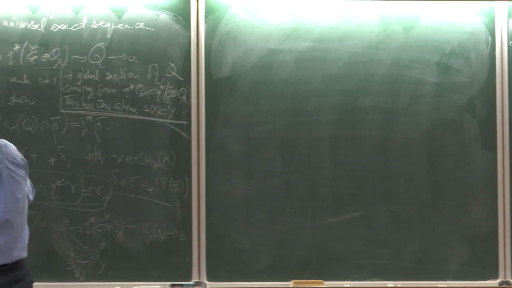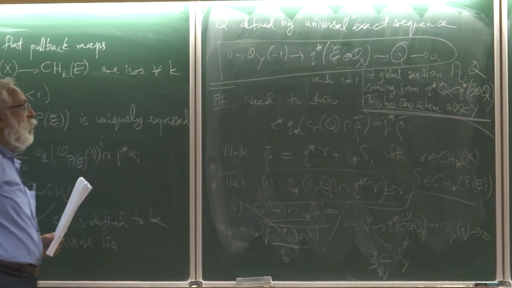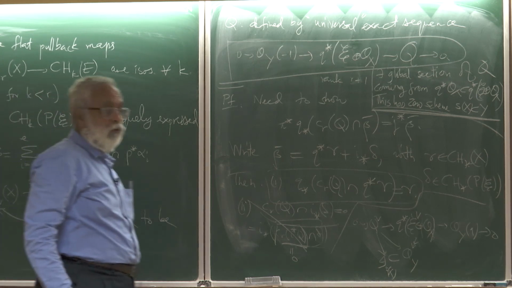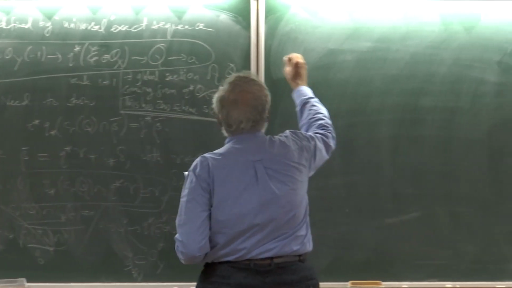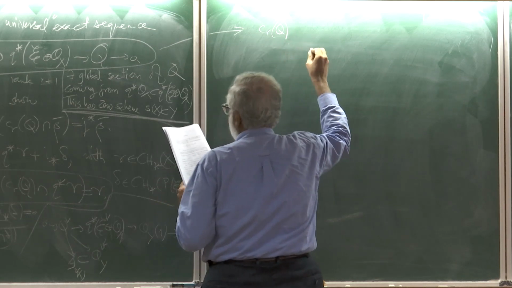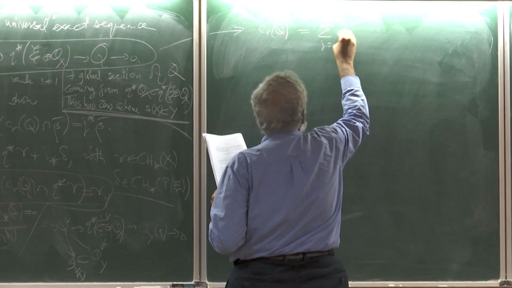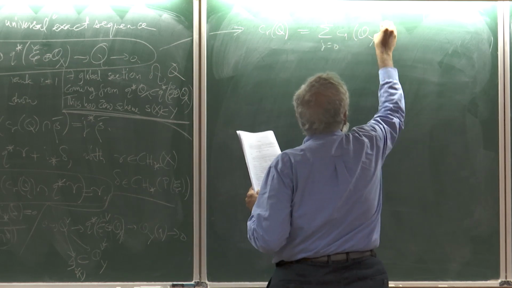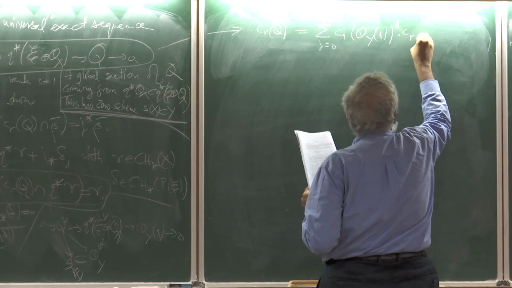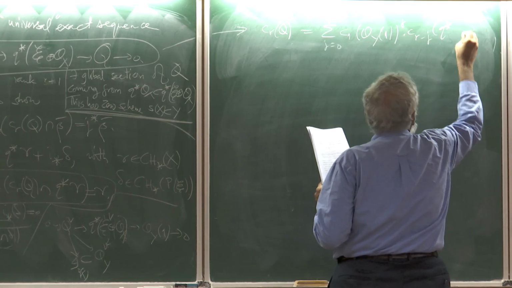Now I look at the exact sequence defining Q to try and figure out another expression for the top Chern class CR of Q. I find that from the exact sequence, CR of Q is expressible as the sum j equals 0 to R, C1 of OY of 1 raised to the power j, CR minus j of Q upper star of script T.